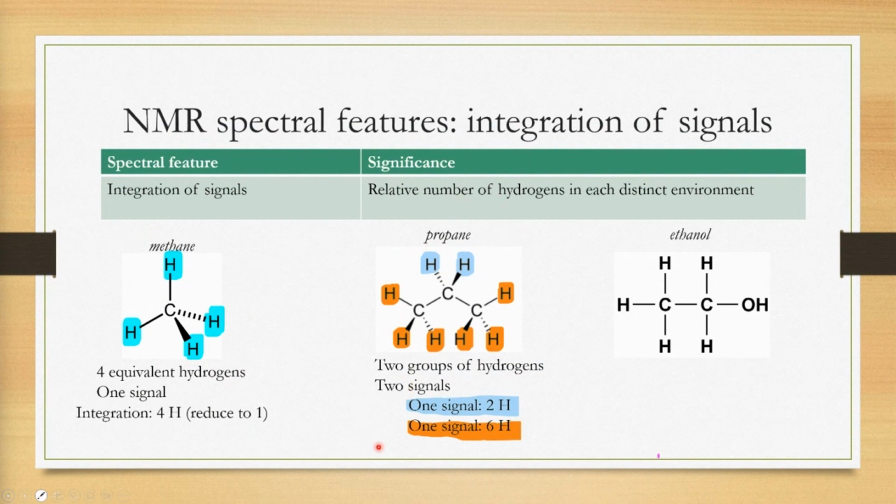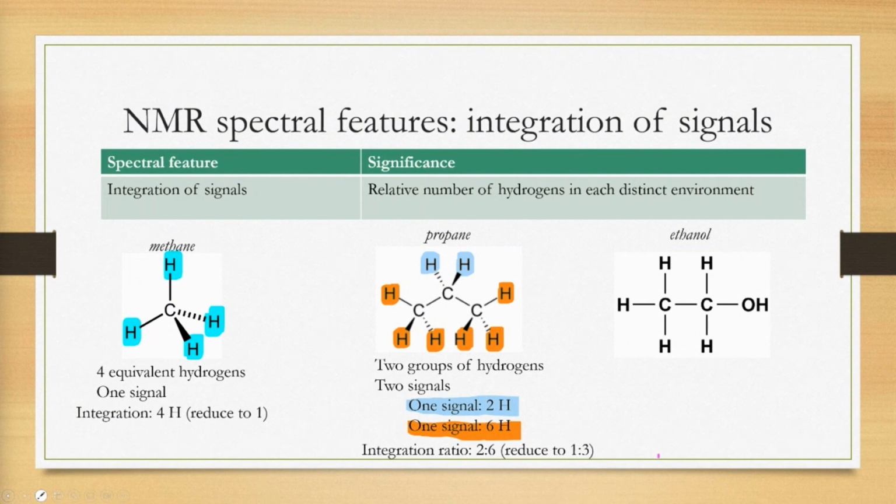If we're looking at propane, we said we have 1 signal that corresponds to 2 hydrogens, 1 signal that corresponds to 6. So our integration ratio is 2 to 6, which we would reduce to 1 to 3. So if you were to take the integration of each peak, or the area underneath each peak, you'd get a ratio of 1 to 3 for propane.